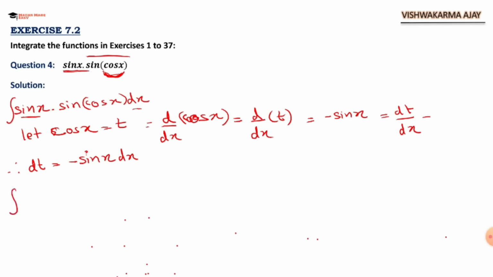So our question will look like this: sine t dt with a negative sign.